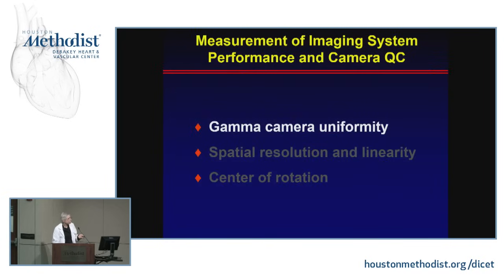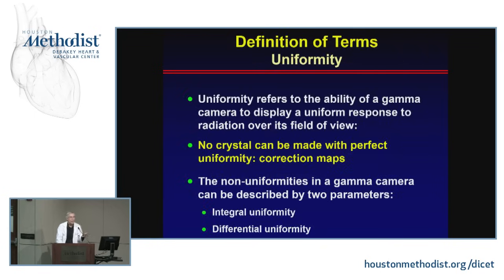Okay? The other important issue that we talk about is gamma camera uniformity. Now, uniformity is important because the surface of a crystal is not uniform. In other words, how a certain part of a crystal interacts with a photon will be different in different parts of the crystal. It's not 100% uniform.